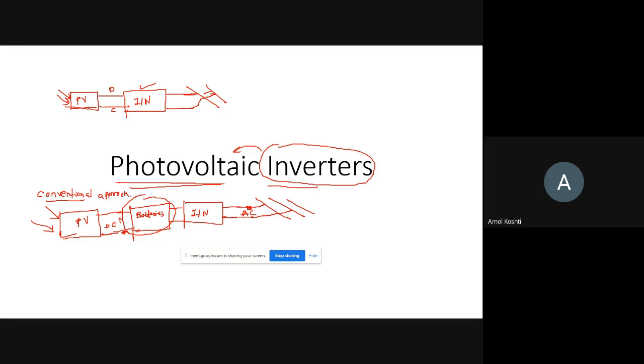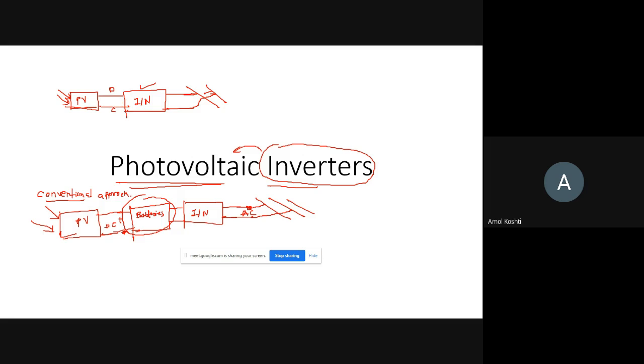So what is different? Their functionality is different. Their operation is a little bit complex. The switching is a little bit complex. Why is it designed separately, specifically for this PV system? Why not use the conventional inverters? Because as far as the PV system, or grid-connected PV system, is concerned, we have to invest a lot.